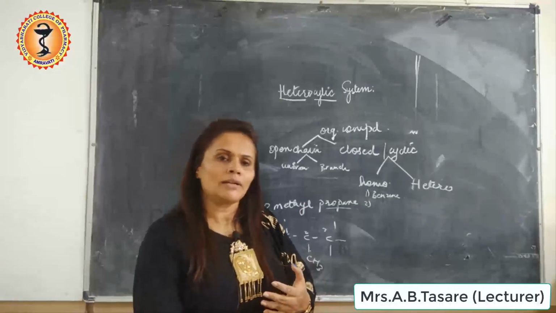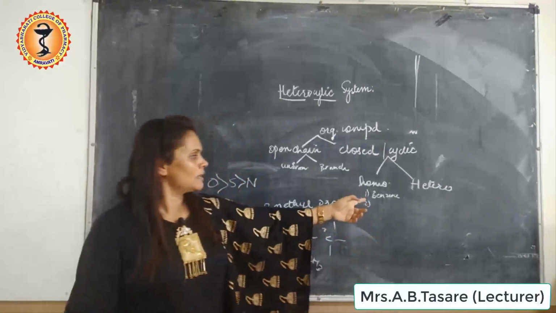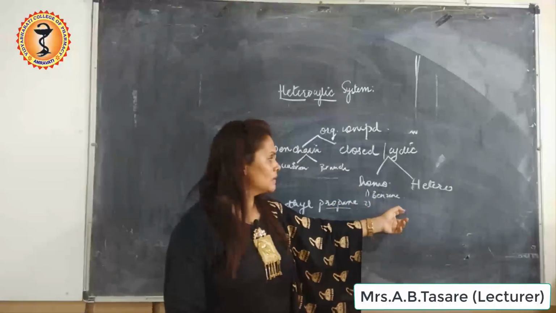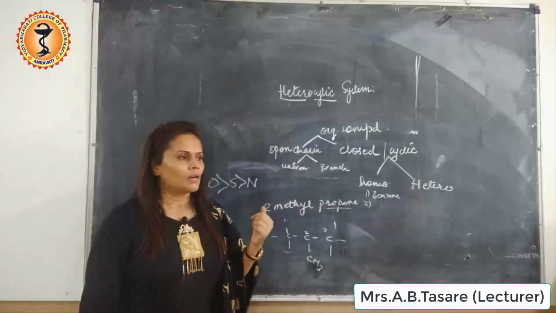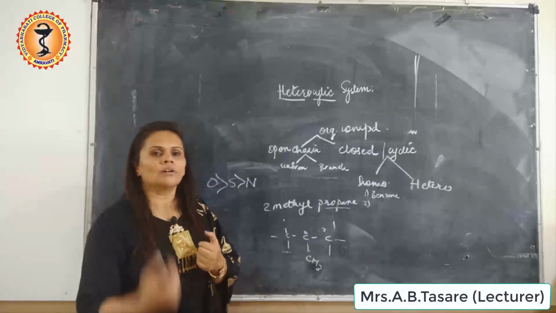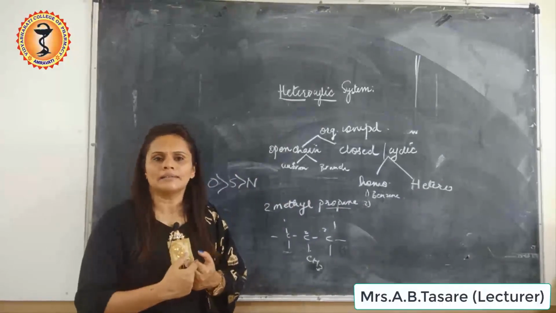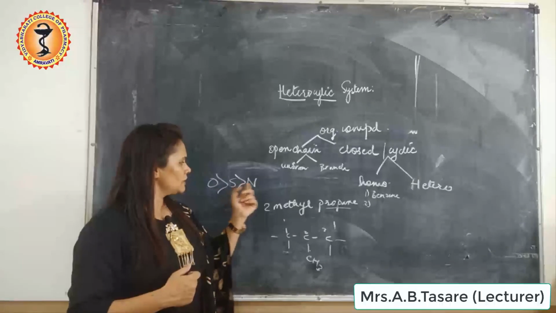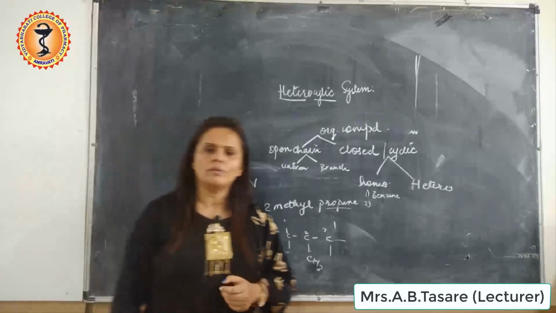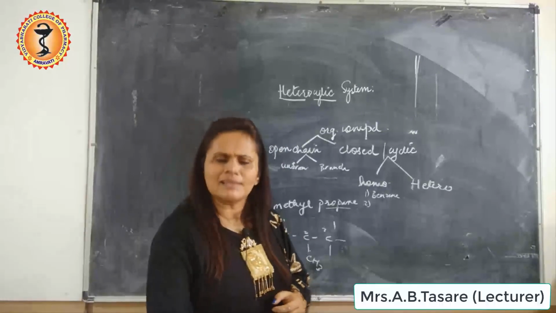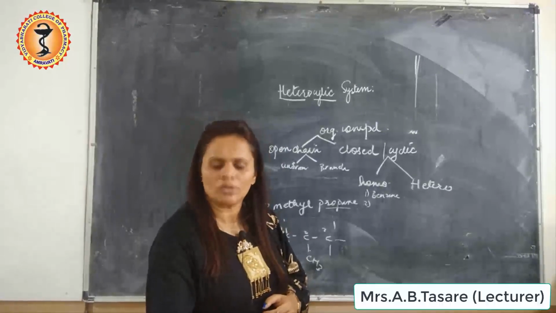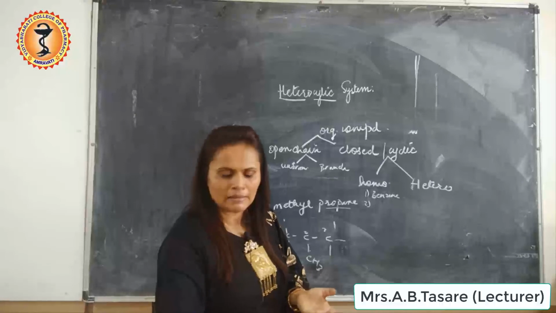So in heterosystems, homocyclic is the classic example of benzene, and for a heterocycle, when you introduce another atom other than carbon and hydrogen, that is sulfur, nitrogen and oxygen, it is called a heteroatom, right? The classic examples for heterocyclic are furan and pyridine.